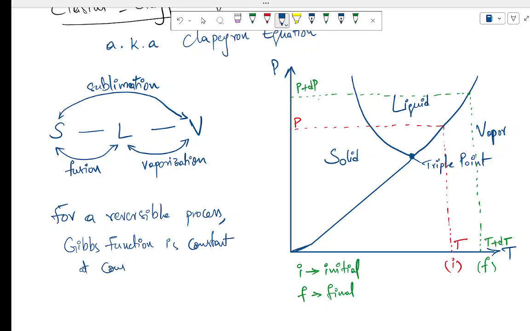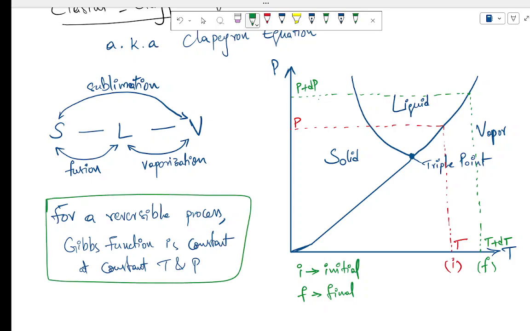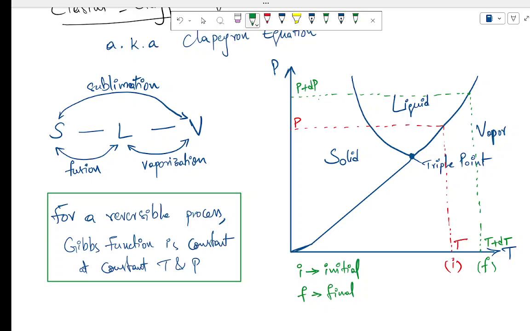At constant T and P, temperature and pressure, Gibbs function is going to be a constant value. So with this principle, we will try to derive the Clapeyron equation here.